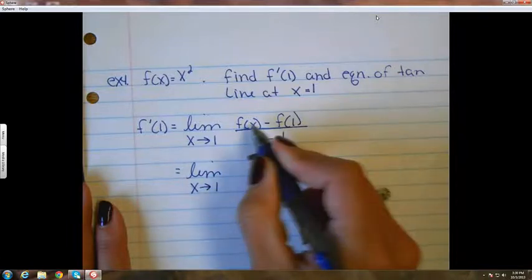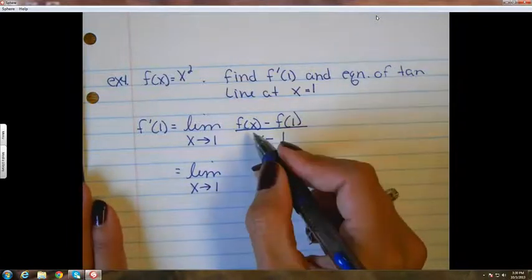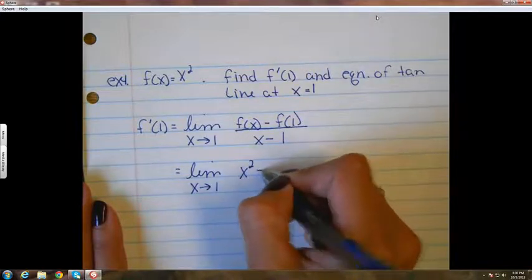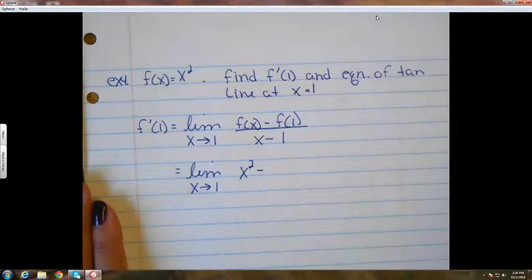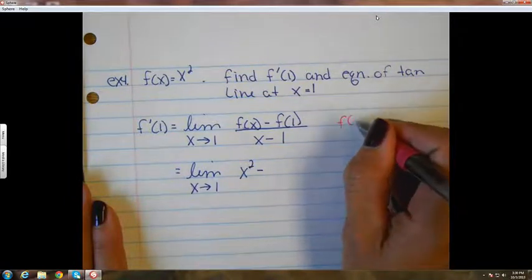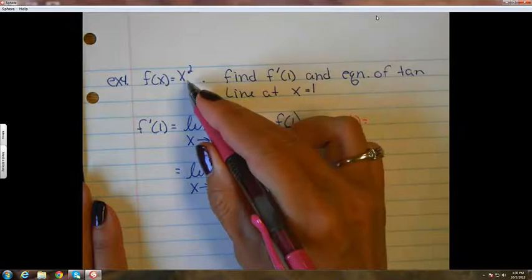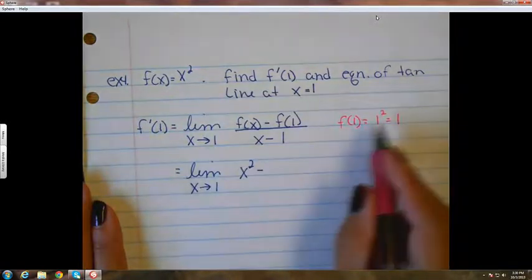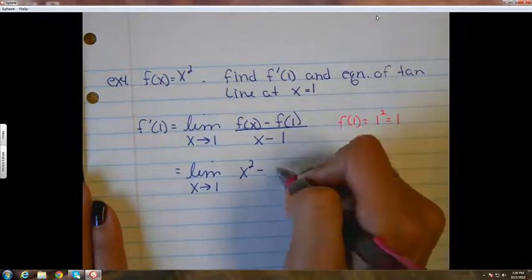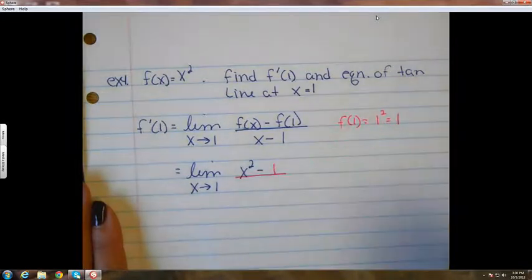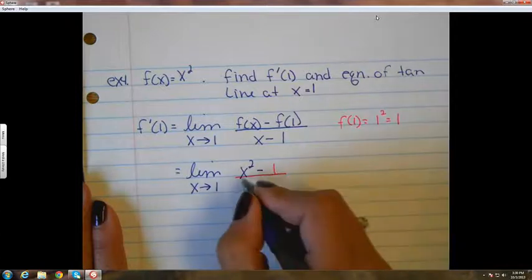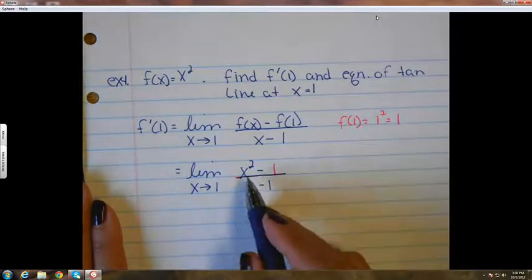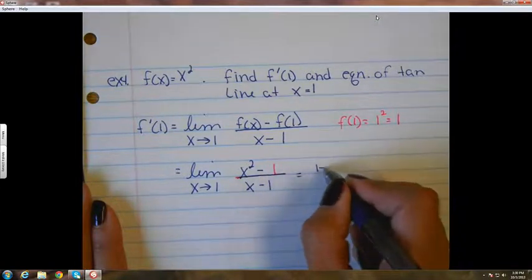Not that you have to start there. You could start with this line. So I'll start with my equation, which is only x squared minus f of 1. F of 1 means plug it into the equation. Just happens to be the 1 again. But don't forget to plug it in. Over x minus 1. Okay, if I plug in, I'll get 1 minus 1 over 1 minus 1.